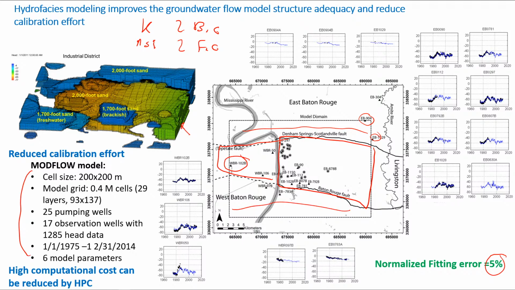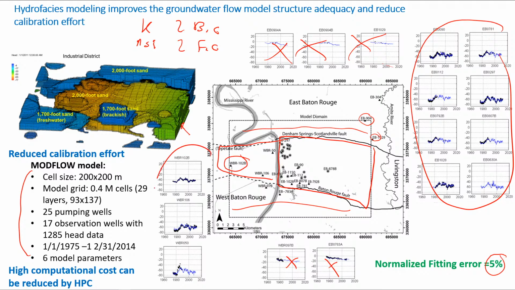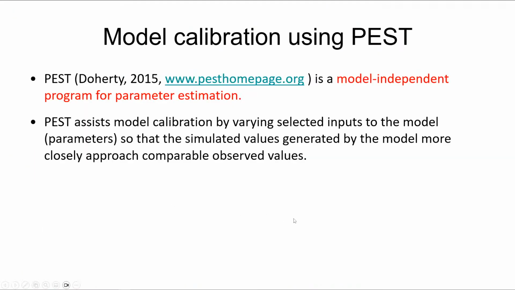So these observations here are not of concern for me, and that's why you see the state agency didn't get many measurements here. These are the ones of concern to me. So what I can do is give them a higher weight.